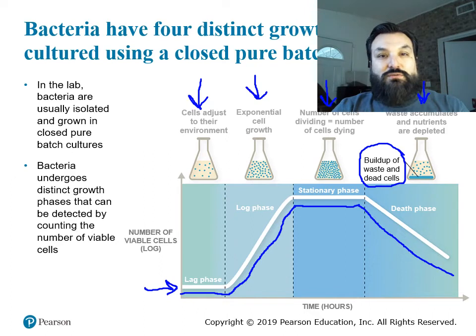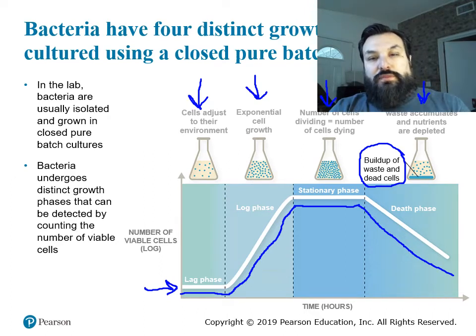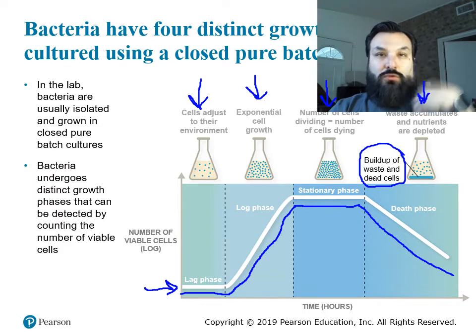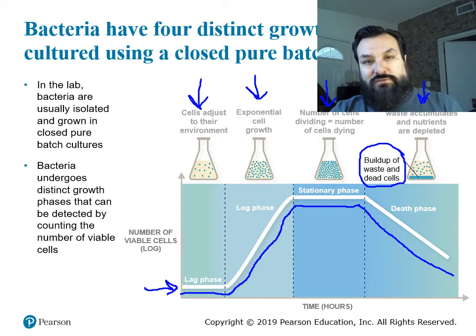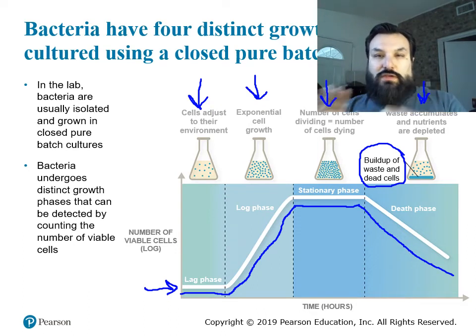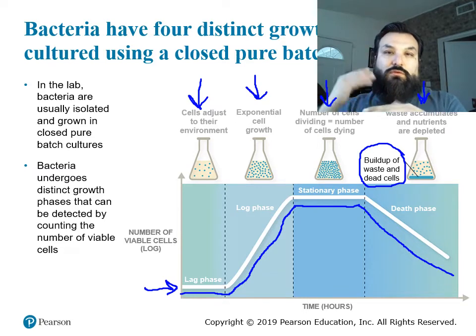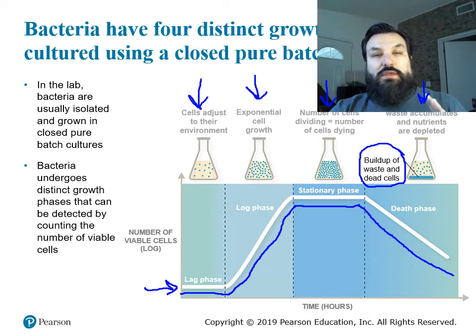Now, why is this really important to understand? Because we also look at this in a living organism, like humans. When we see an infection occurring, and let's say a bacteria is infecting us, we see this coupled. You can actually take this and match it right up to the rise of signs and symptoms of an infection, and then the fall of those signs and symptoms.